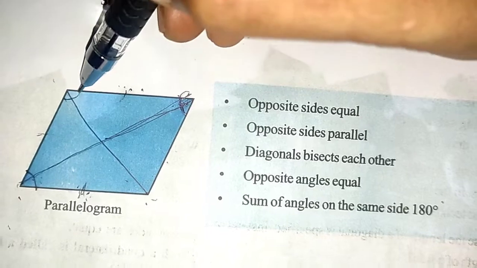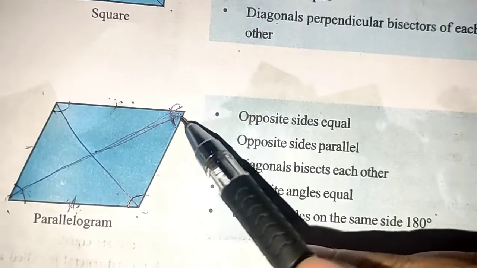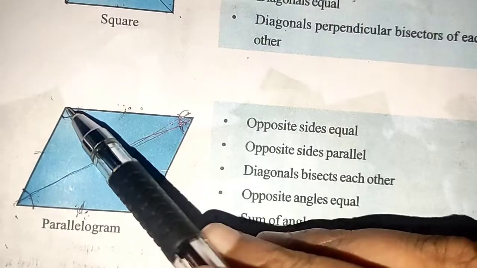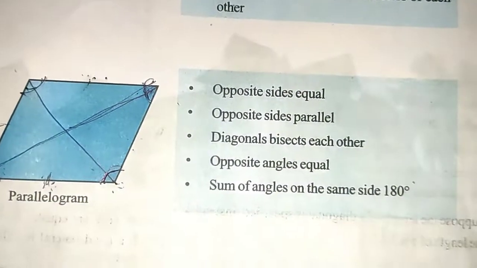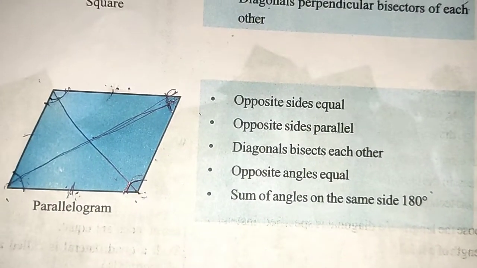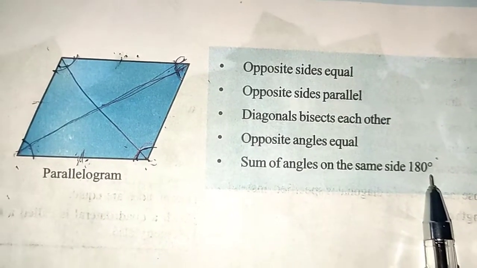Similarly, these two angles are equal. Opposite angles are equal for a parallelogram. And one more thing. See, the sum of angles on the same side is equal to 180 degree.